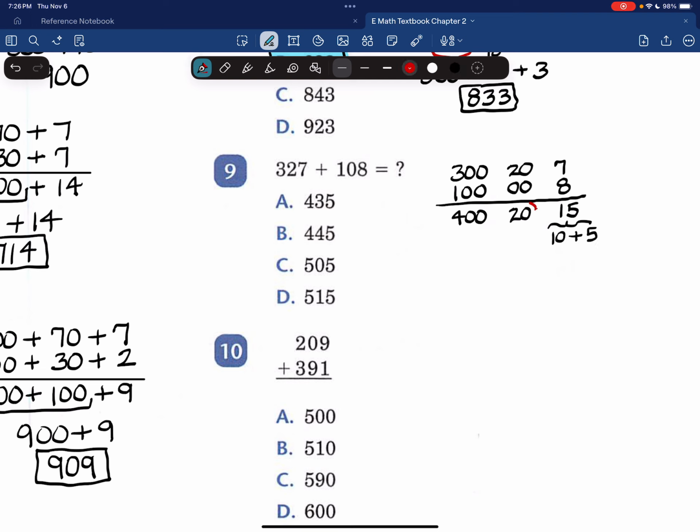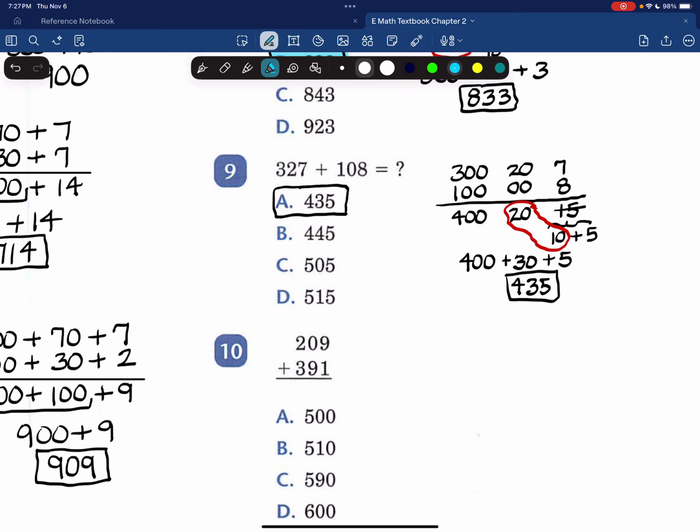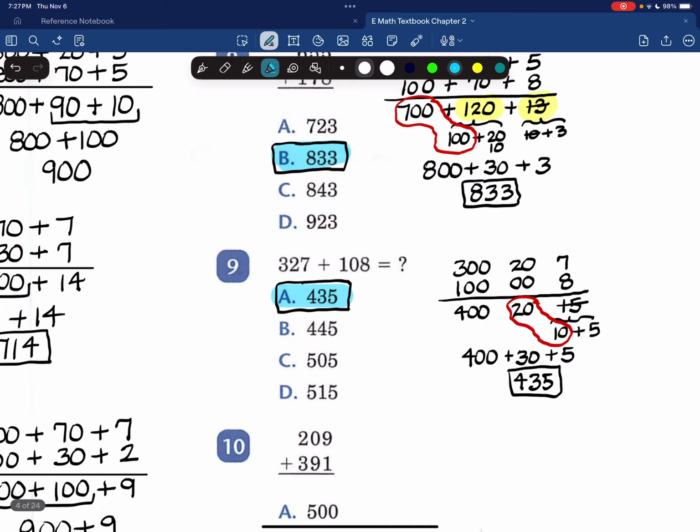And then I'm going to bring those tens together. So I would be left with 400, 30, and then 5. And that's your answer, 435. I like this break apart strategy. It helps me think through the problem a little bit easier than the algorithm.